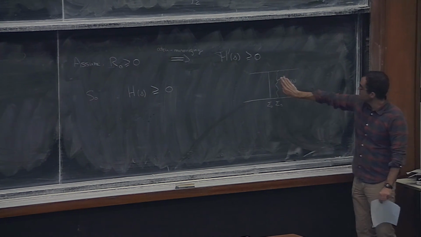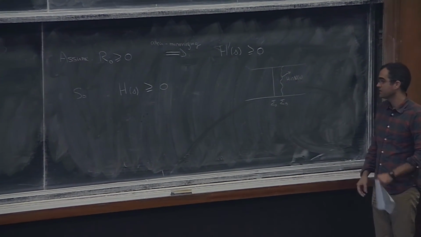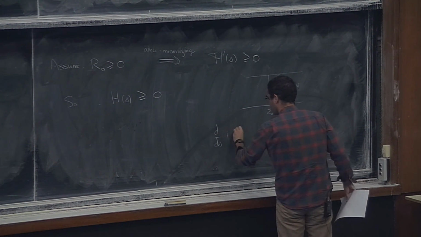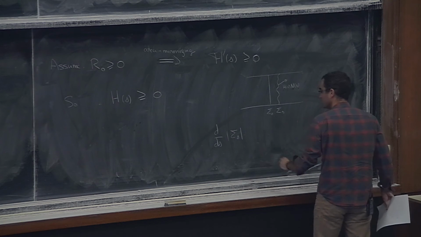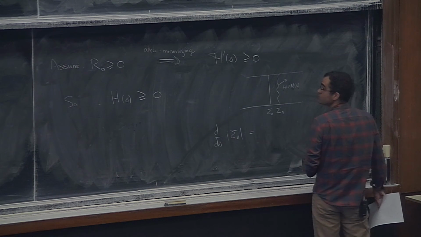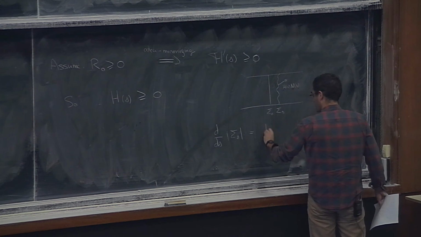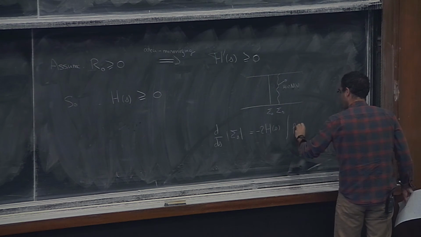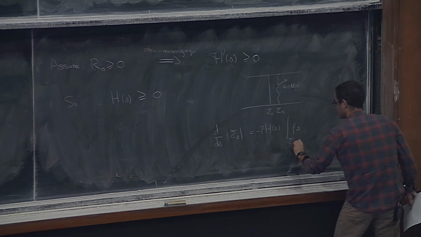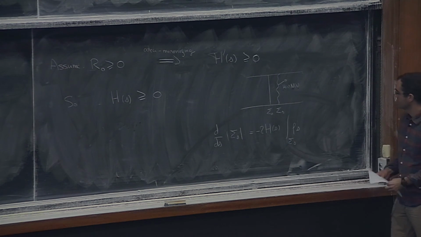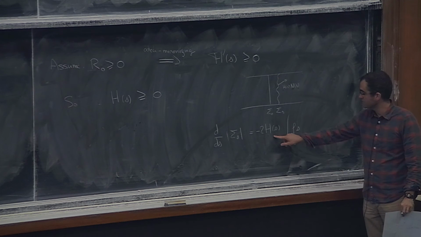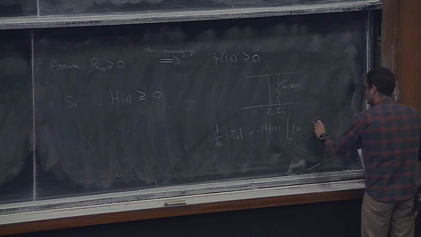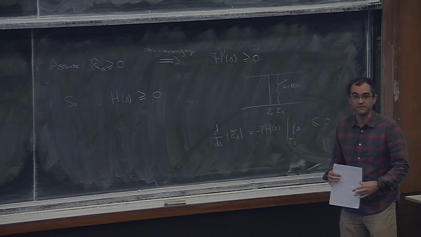So it tells me that when I move in this direction, the derivative of the area of sigma sub S is equal to H of S minus twice H of S rho S over sigma sub S. So this quantity is non-negative, this quantity is non-negative, there is a minus 2, so this is decreasing.